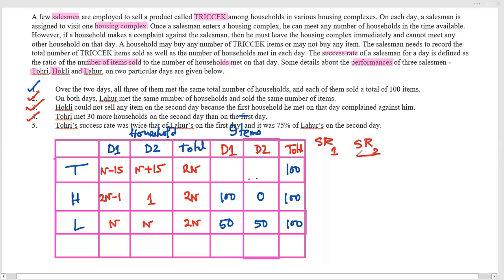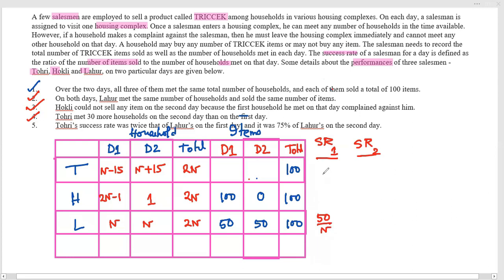These are the two data I will consider. It has mentioned Tori's success rate was twice that of Lori's on the first day. Lori's first day success rate will be how much? Success rate is the number of items divided by households visited. So it should be 50 by n. This is 50 by n.